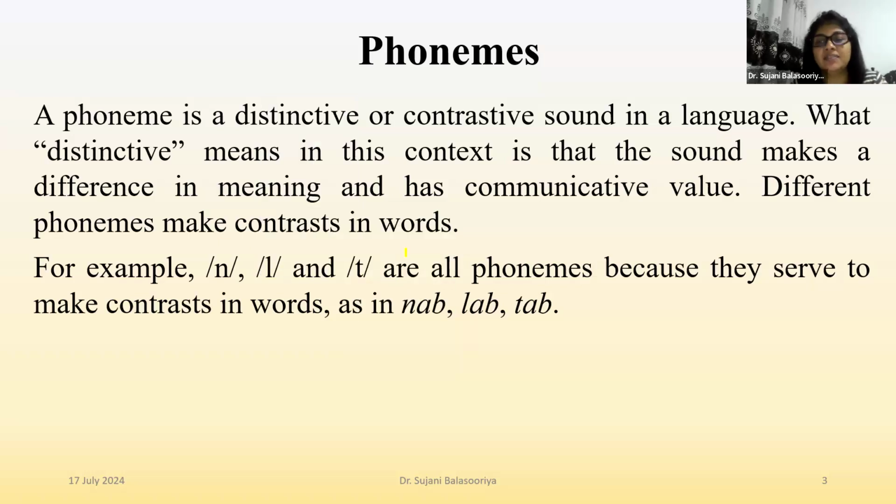It's a key to what a phoneme is. It says a phoneme is distinctive, one characteristic of a phoneme, or contrastive. So we use the terms distinctive and contrastive interchangeably, because both words give almost the same idea.